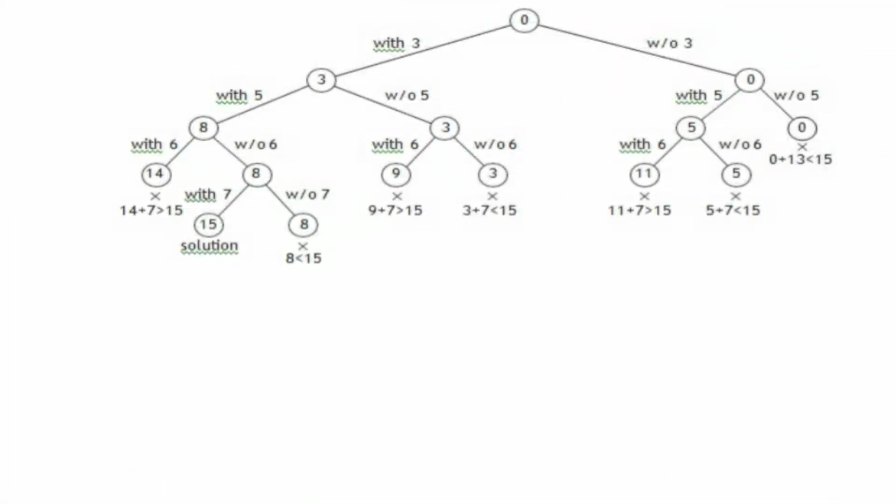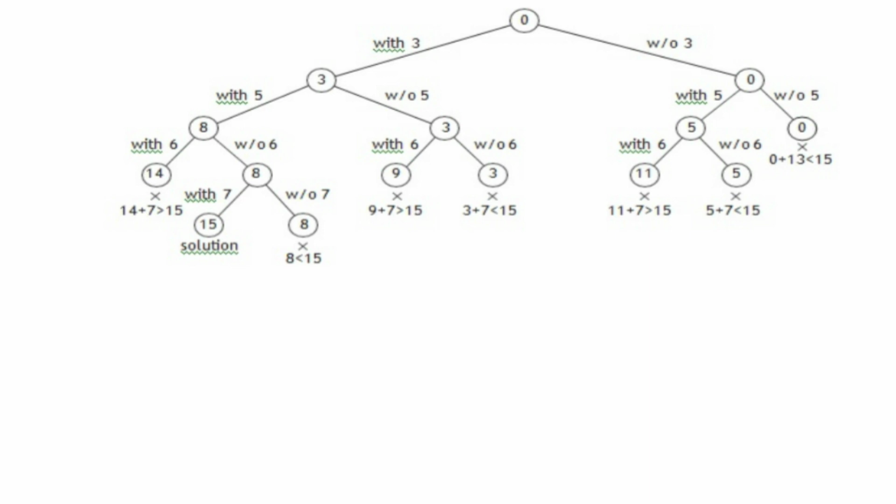So now we move back to the previous step, that is with 8. The left side indicated with 6 and the right side indicates without 6. Then 8 plus the next element 7. 8 plus 7 is 15, which leads to a solution.